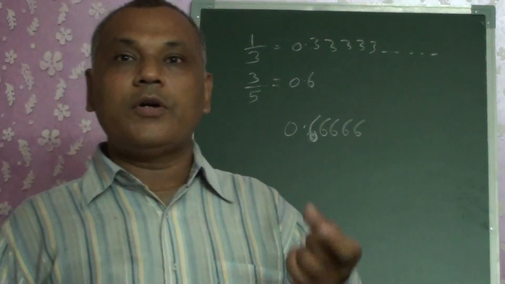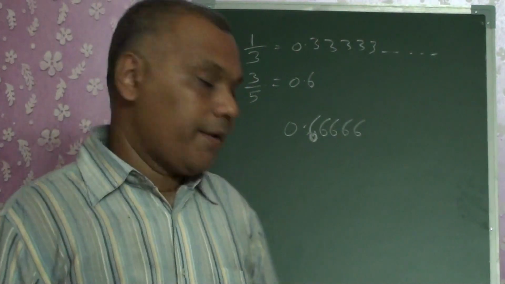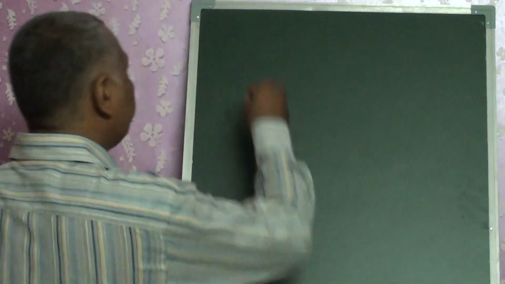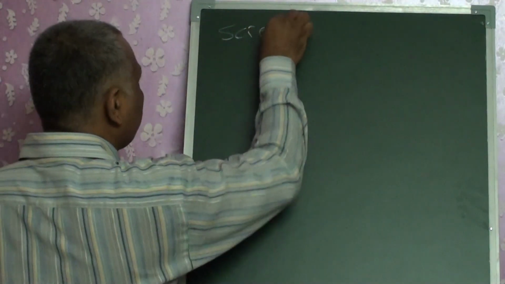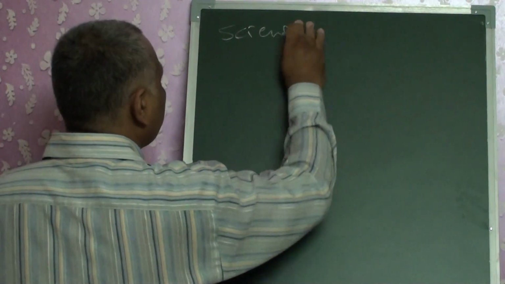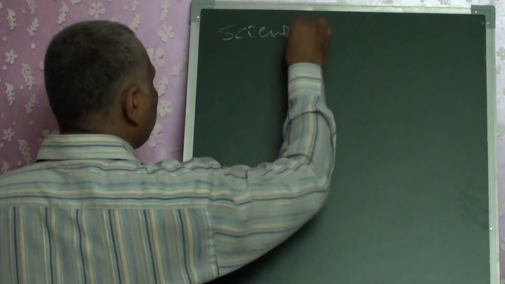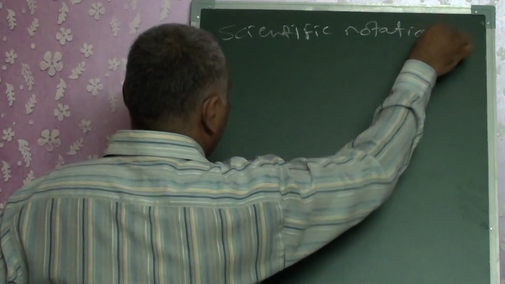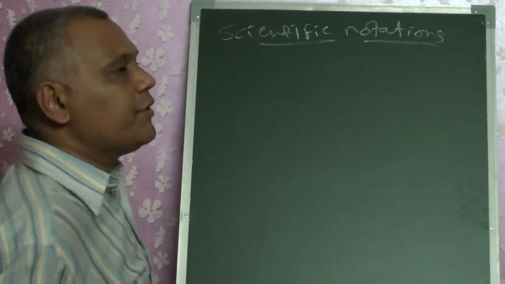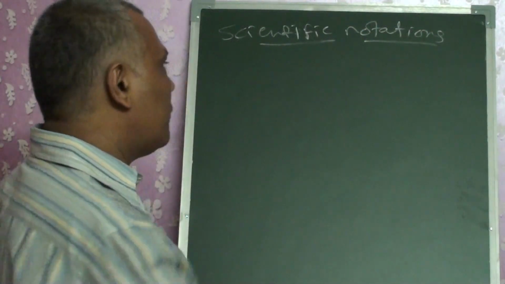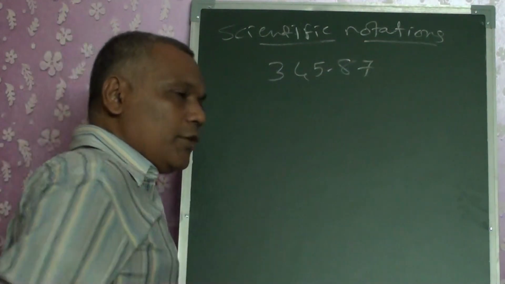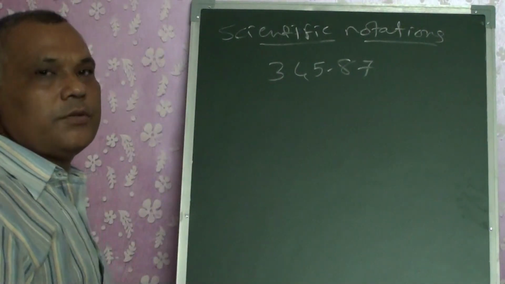First of all, we will understand what scientific notation is and how to convert to it. Whenever you have any number, let's say 345.87, this is not a scientific notation.